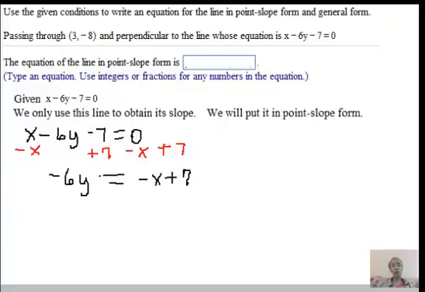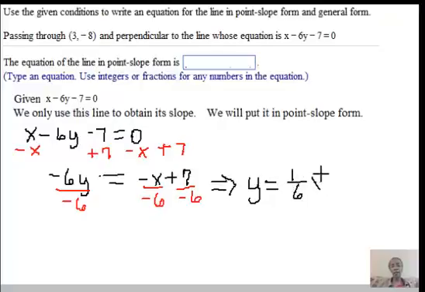Now, in order to get it in point slope form, we're going to need to divide every term by negative 6. And so now we have y isolated on the left, and we have 1/6 x.